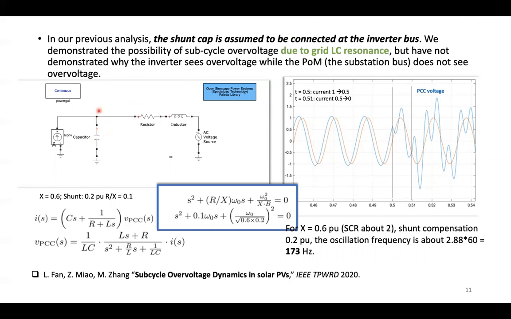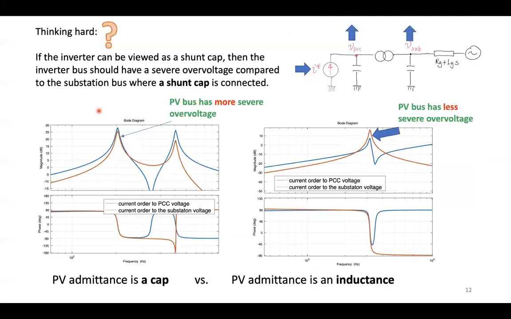So we have to do better modeling to capture these details. Let's model the topology with the PCC voltage, PV bus, and the substation bus POM separated by a transformer or some other inductance from the collecting system. And then we will put the capacitors there.